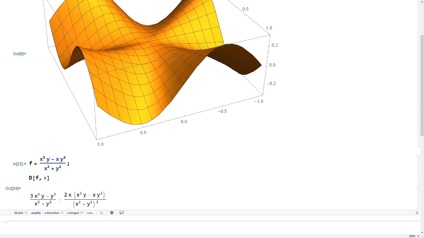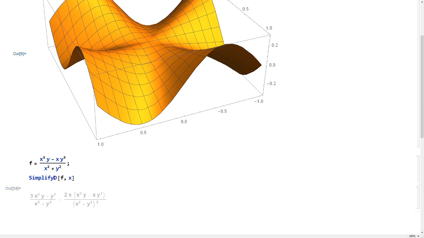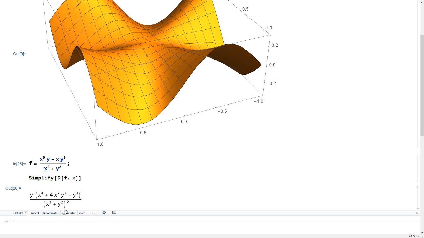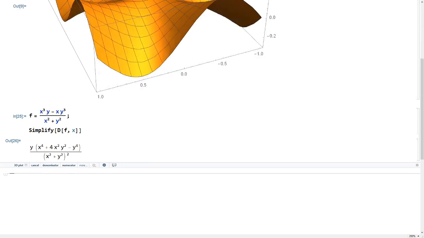So I get this. Maybe let's simplify this a little bit to make it look nice. So here's our first derivative. We could do this by hand, but it wouldn't be terribly fun, so we'll skip doing that by hand.